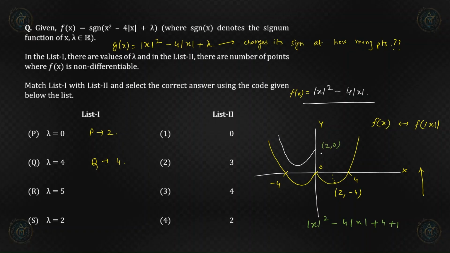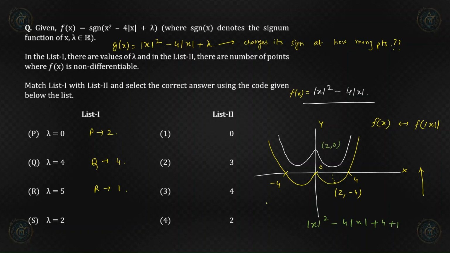So now this function mod of x square minus 4 mod x plus 5 does not touch the x-axis, right? So there will be no change of sign. That means this function signum of mod of x square minus 4 mod x plus 5 will be differentiable for all real numbers. So that means we have 0 points total. So r matches with 1.